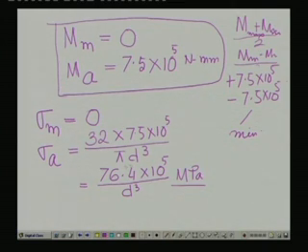So, this is the value of the mean and this the amplitude. Keep a note of these two things and let us go to another page.